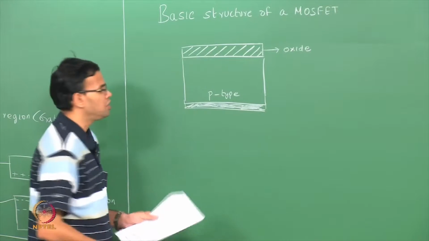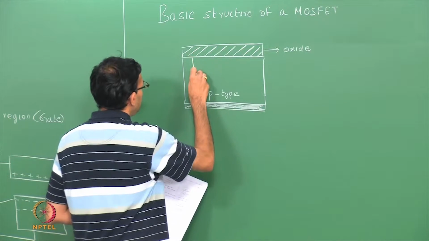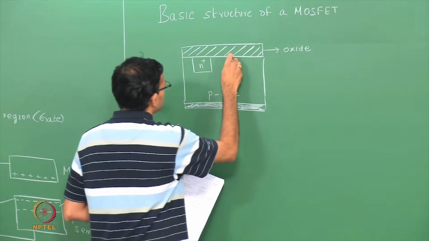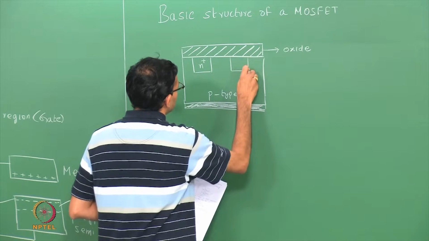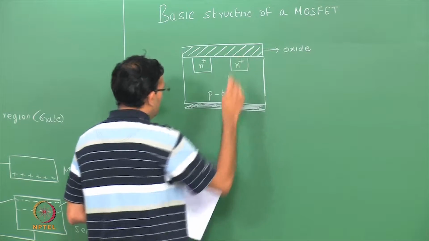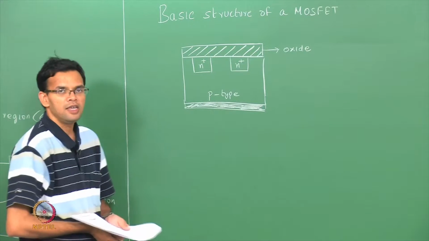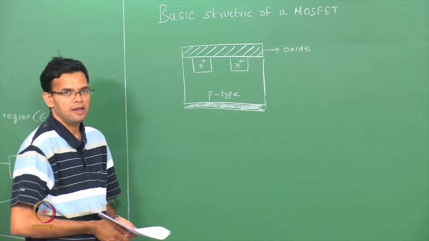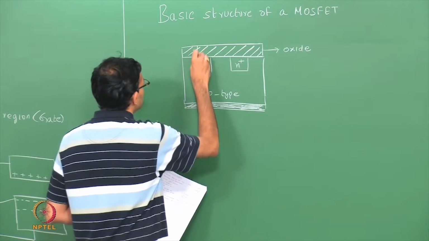We have two regions within the MOSFET which are heavily N-type doped, N plus, N plus. So these are called the source and the drain, and we again make electrical connections to the source and the drain.